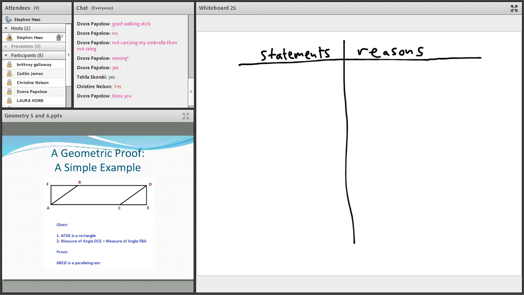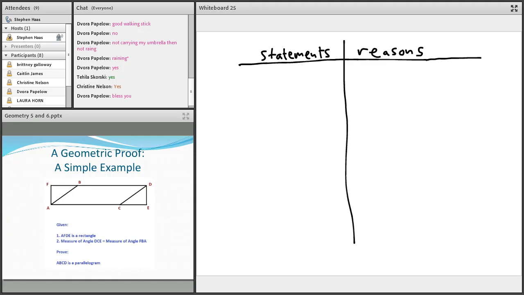It's given that AFDE is a rectangle, and it's also given that angle DCE is equal to the measure of angle FBA, and so prove that ABCD is a parallelogram. So let's quickly write on the diagram what we've established. AFDE, that's the big thing, is the rectangle.